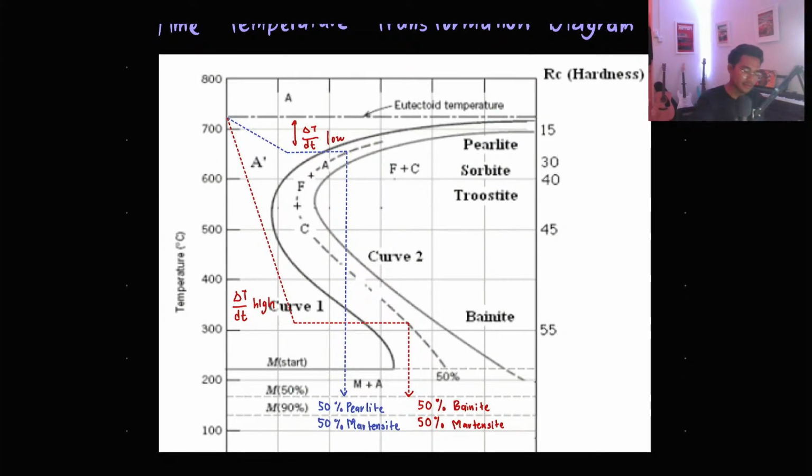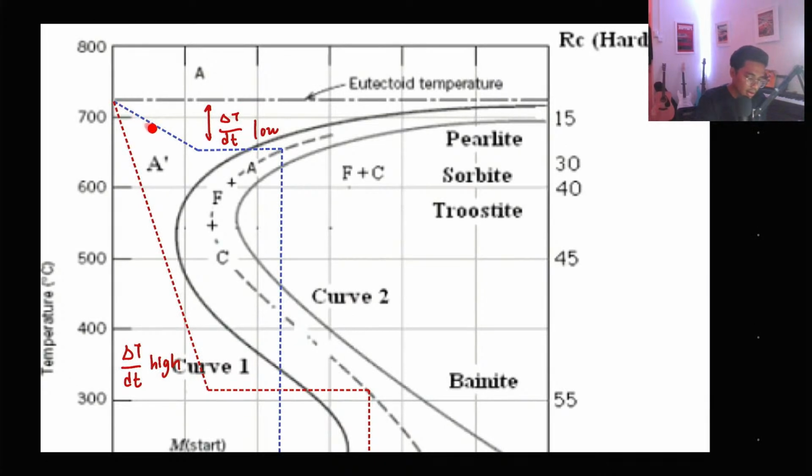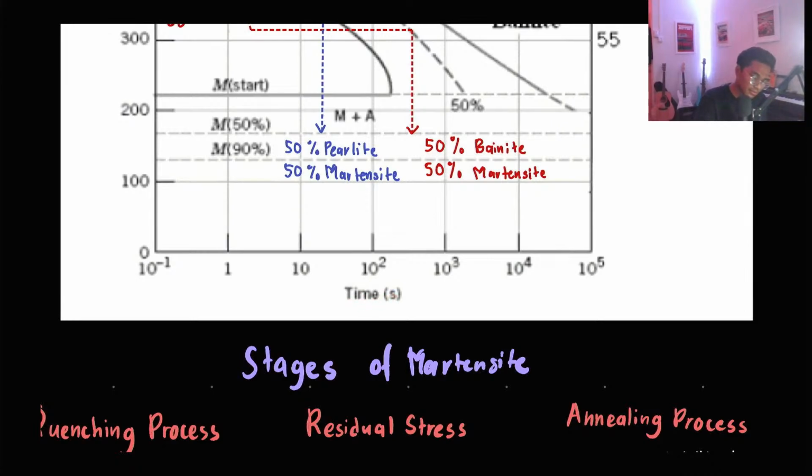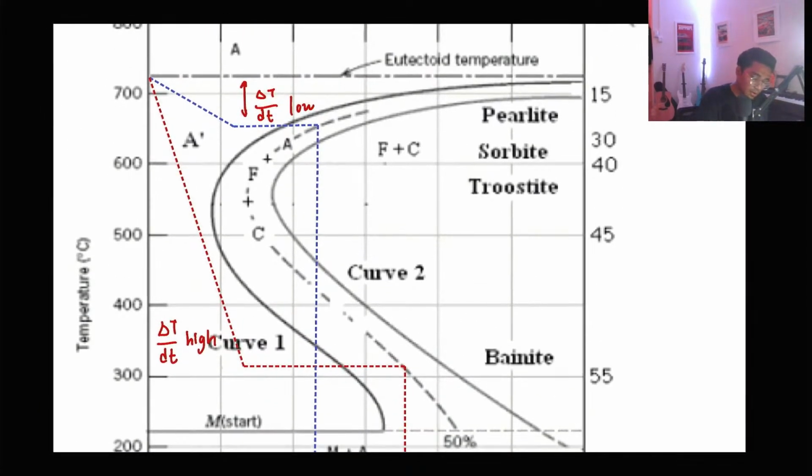This is time, and this is T. First you start here, then you cool down the material, and then you have an isothermal stage, in order to keep the temperature constant so you get a desired composition.